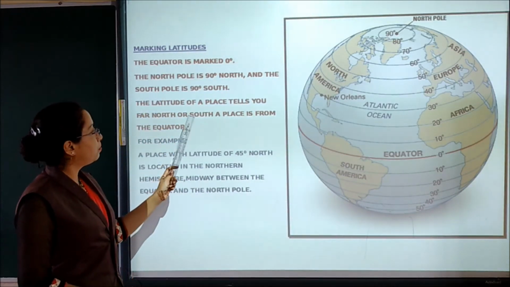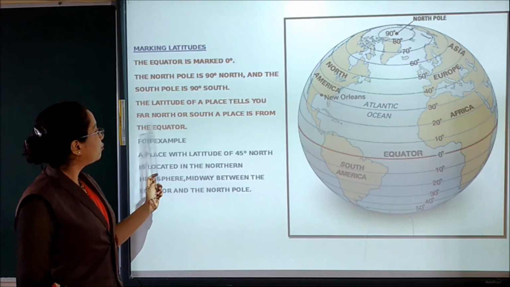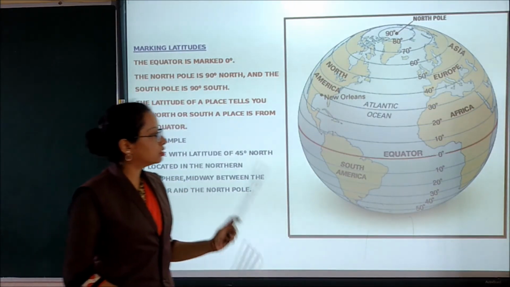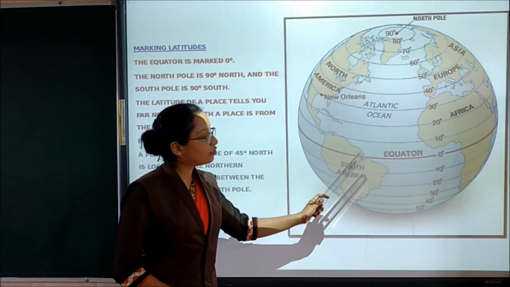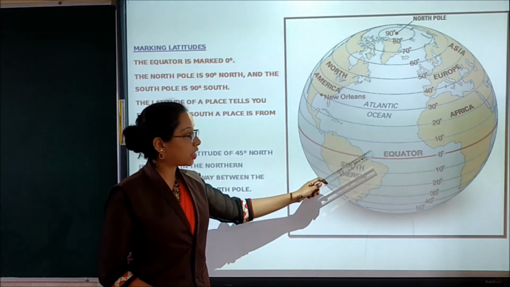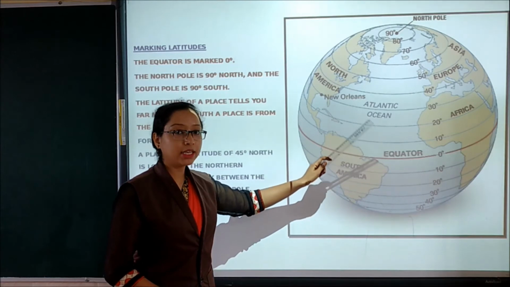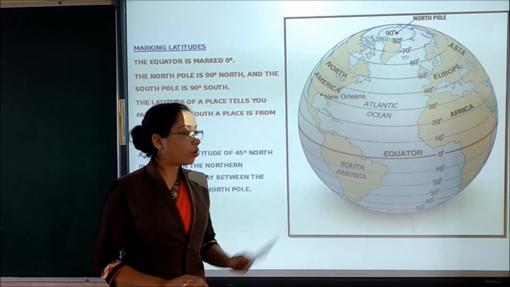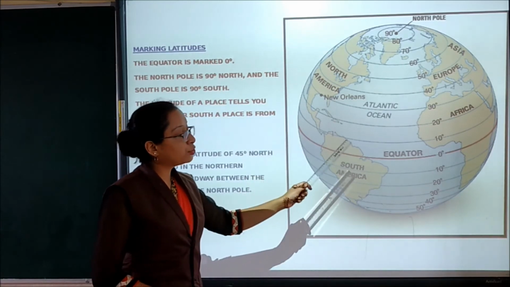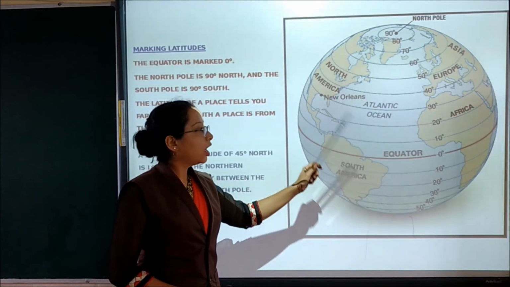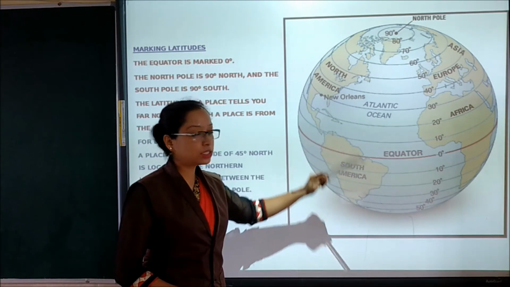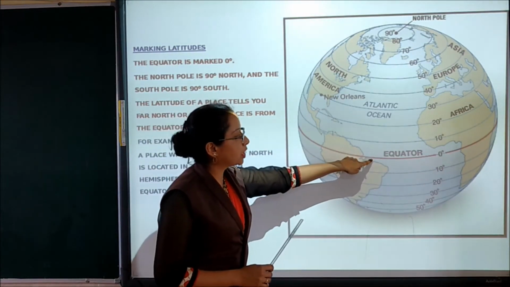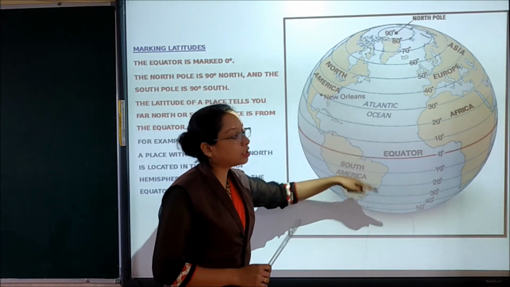The latitude of a place tells you how far north or south a place is from the equator.